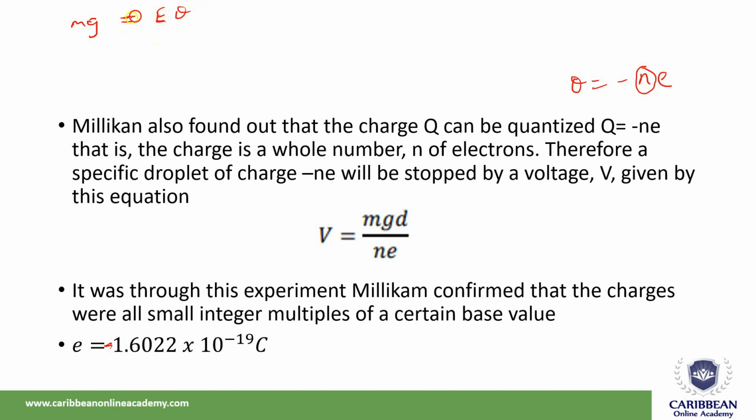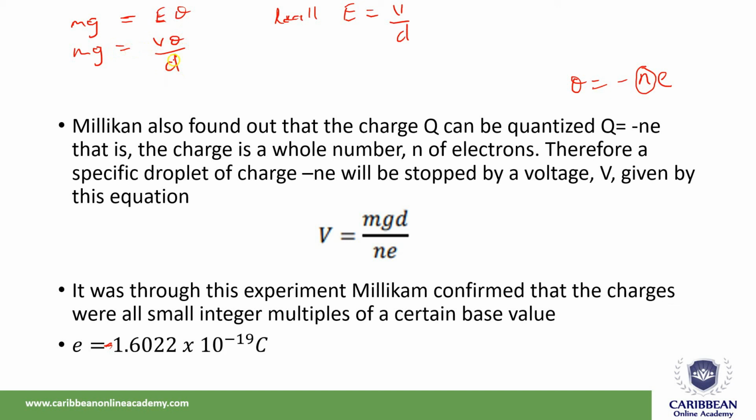Once the droplet is balanced, he was able to observe this. We recall that E is equal to V divided by D. So we can make a substitution here to say that mg is equal to V times Q divided by D.